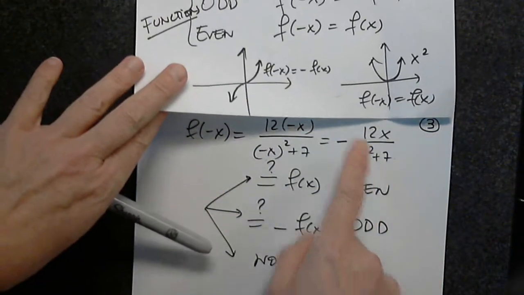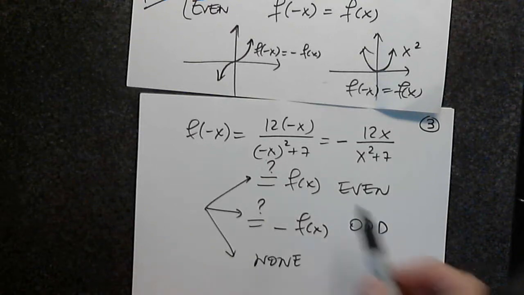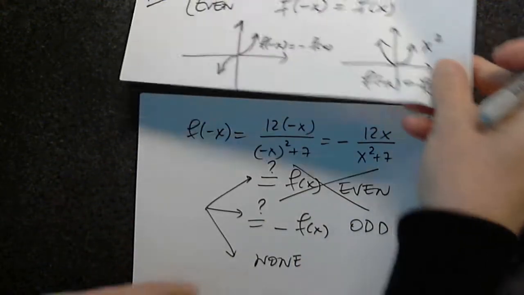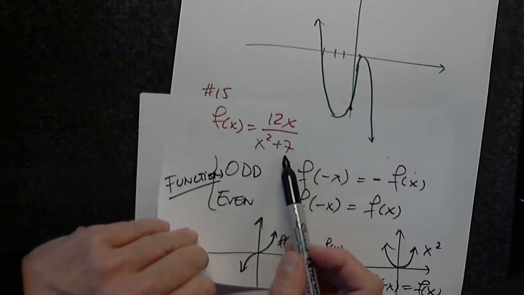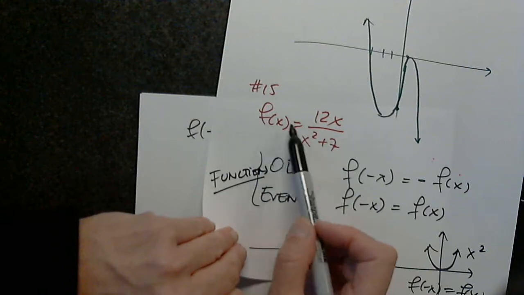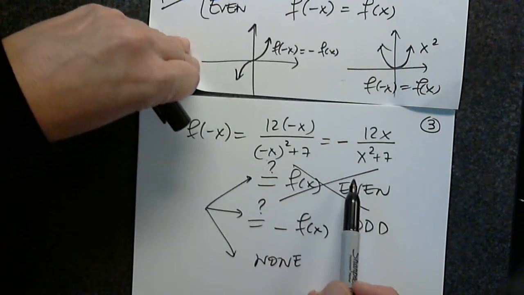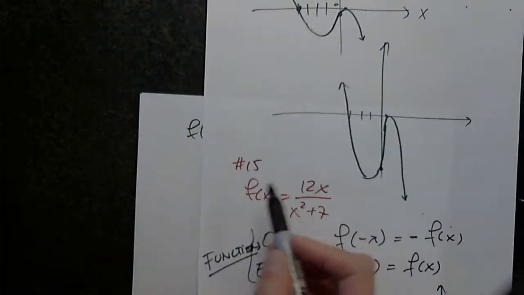Okay, so I have to compare this to the original function. Are they the same? No, so the function is not even. Now I have to compare this to the opposite of the function. If I put minus and minus, do I get the same thing?